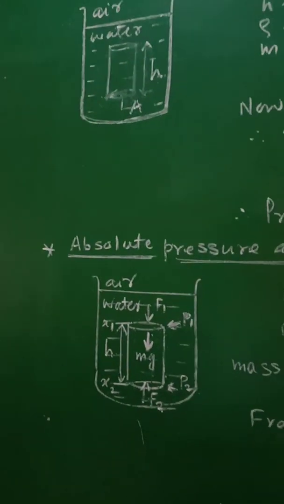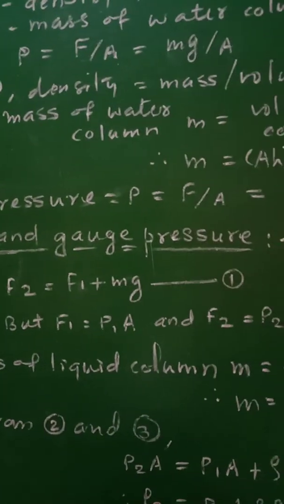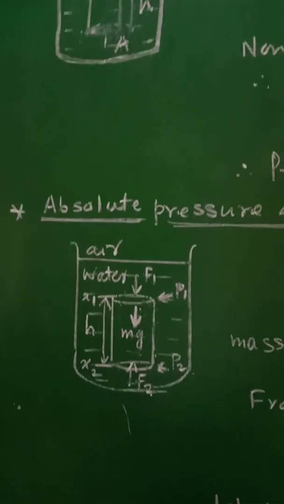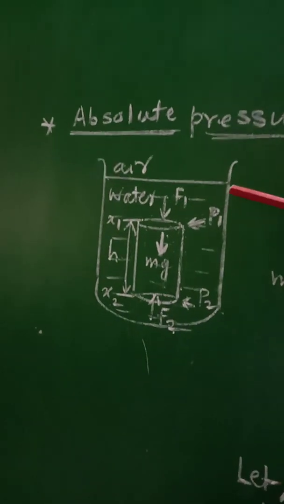Now let us consider the next point, that is absolute pressure and gauge pressure. Absolute pressure and gauge pressure. In order to obtain the expression for these pressures, let us consider a vessel or a tank filled with liquid.